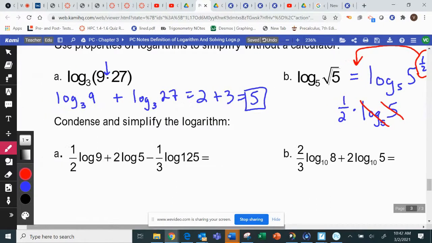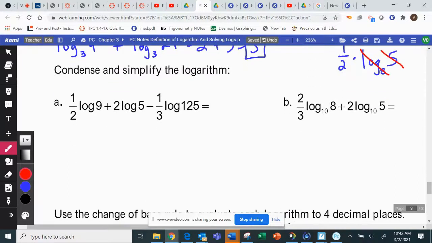All right. Next is condense and simplify the logarithm. So right now I see 3 separate logarithms. We're going to condense this down so there's only one logarithm. The first thing that you want to do is look at each one separately.